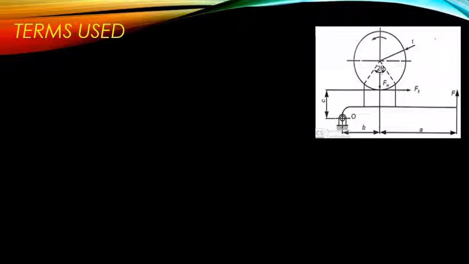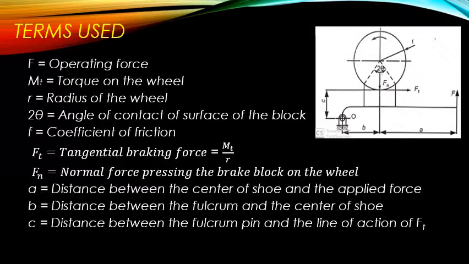Ft is the tangential force, which we know is given by the ratio of torque to the radius, and because of pressing of this shoe there will be a normal force Fn.